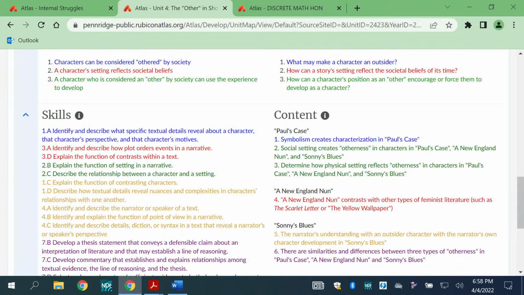Is that phrase, othered, straight from AP? Because I know this is an AP curriculum. In terms of the language, I don't know how much of this is straight from AP. Most of what you're seeing here came from the College Board. The skills, for example, are almost verbatim from the College Board, and like I said, I was building this course around what the College Board was giving me.